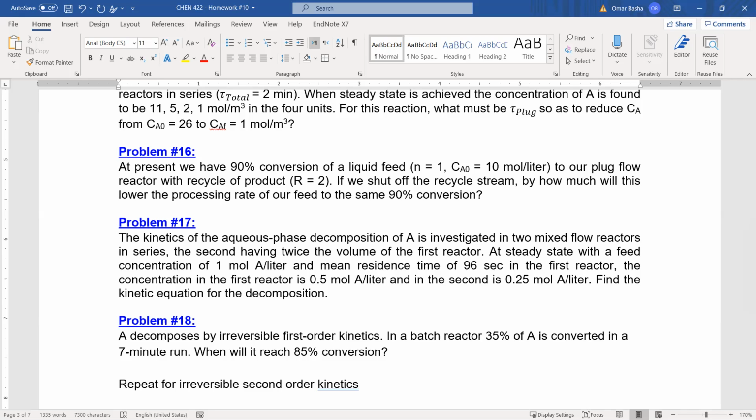If we shut off the recycle stream, by how much will this lower the processing rate of our feed to the same 90% conversion? This might show up on a multiple choice type of problem, just a theoretical understanding of how a recycle works. Well, let's go through this numerically for this problem.